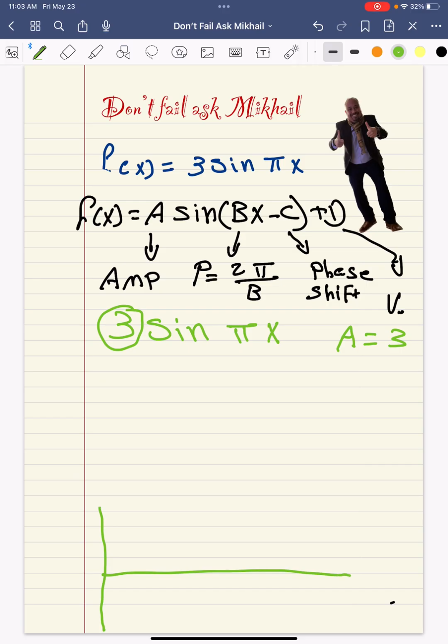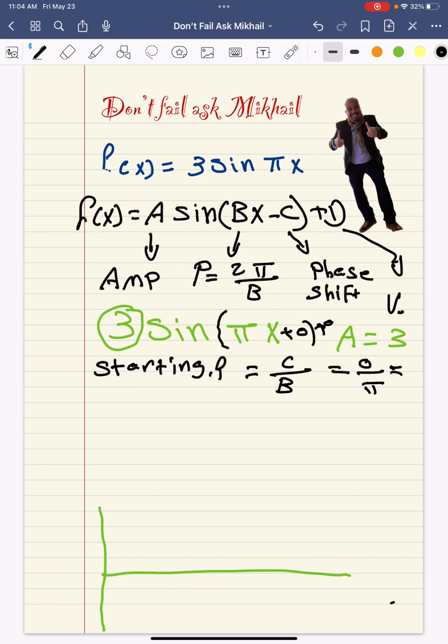The starting point is always c over b. So what is c here? This one could be written as pi x plus 0. So c equal to 0 over pi, which is 0. So I'm starting at 0.